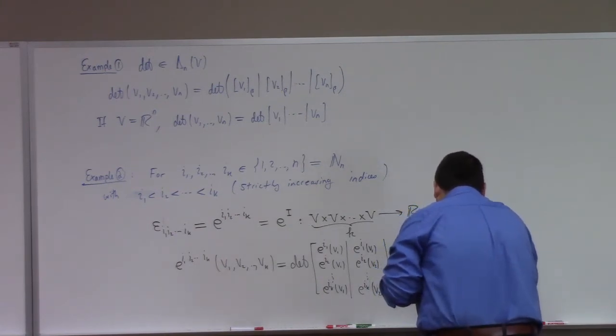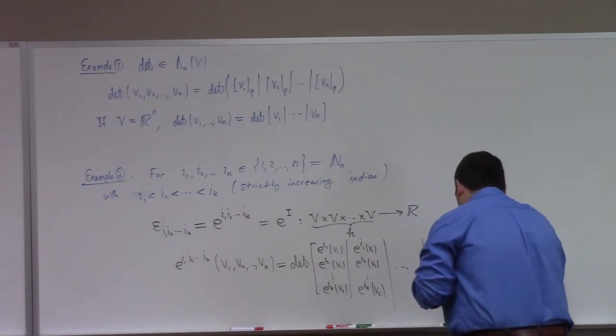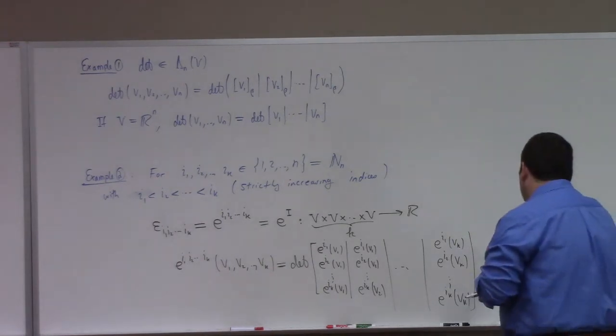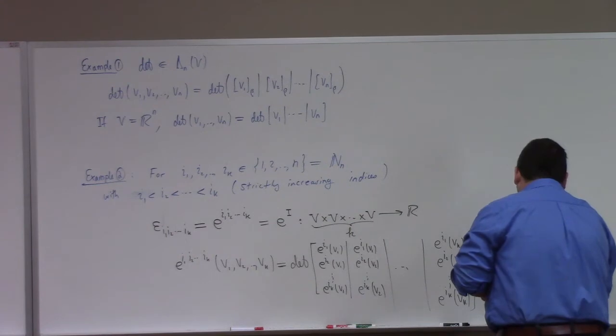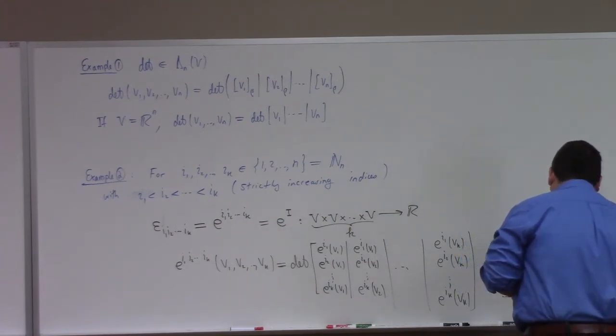Which means we can take the determinant of it, and since it's a determinant, it's completely anti-symmetric, it's multilinear, right? So this defines an element E_I of the K-forms over V, so constructed.